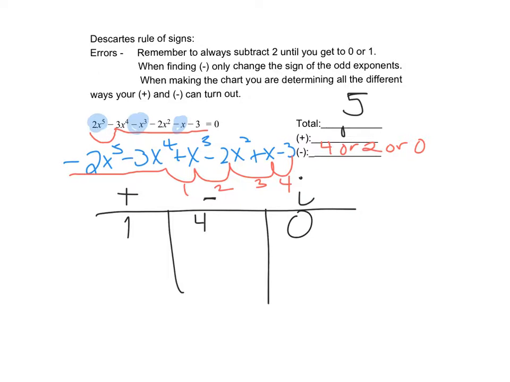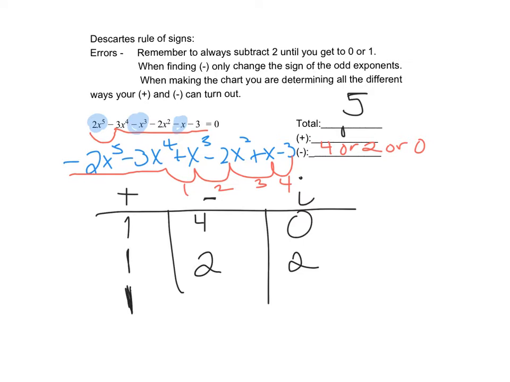My next option, I'm always going to have one positive no matter what. But now, if I have one positive, I also could have 2 negatives. So I'm going to put a 2 here. Now 1 plus 2 is 3, and I want a total of 5, so I can still have 2 imaginary. Another option is that I can have 0 negatives.